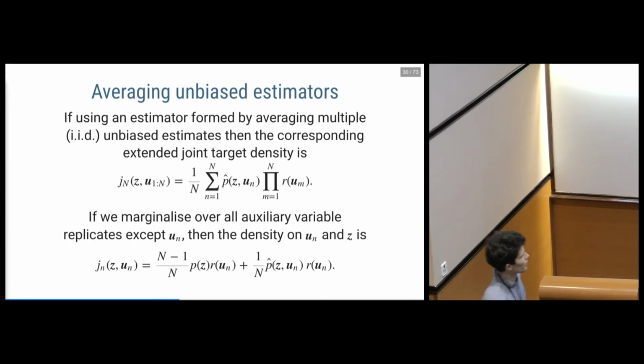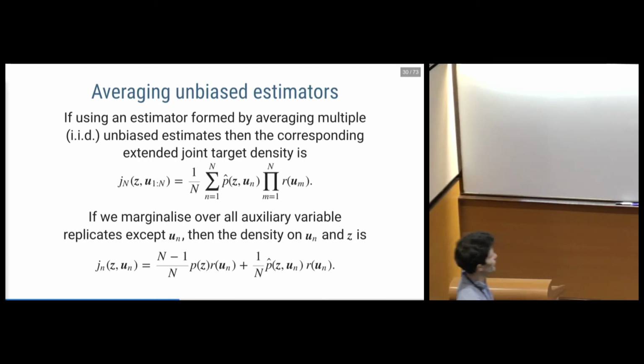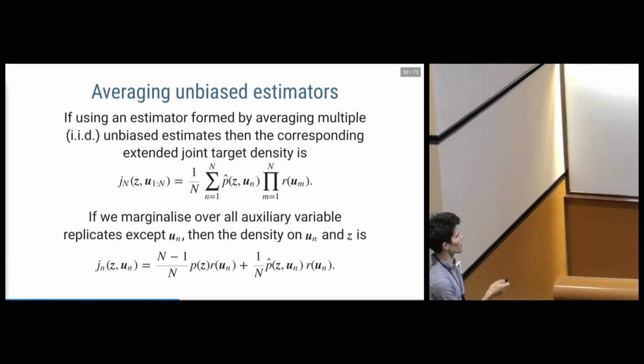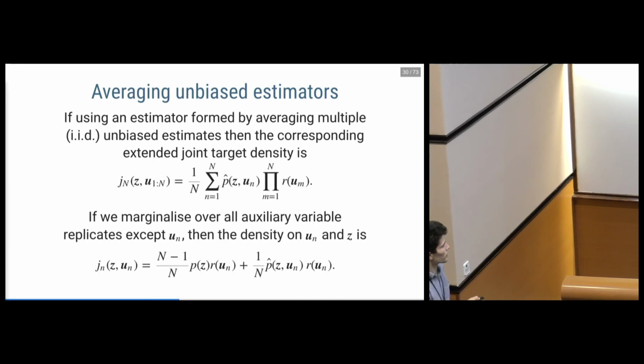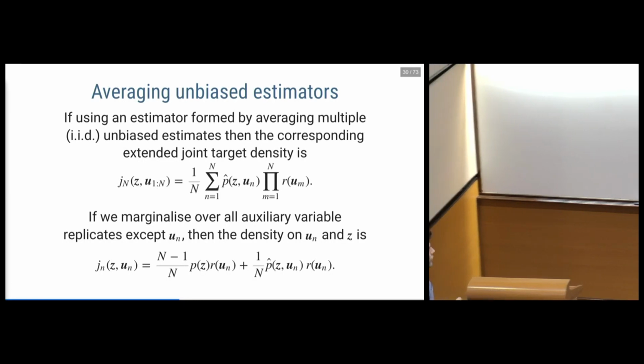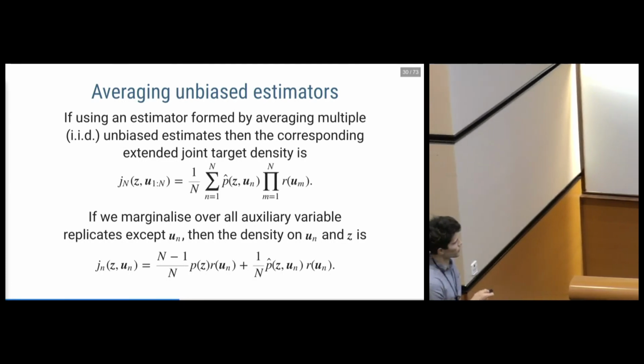And so why is this interesting? Well, it provides an intuition behind the idea that this is a lower variance estimator, and the link to decreasing dependence between the variables. As n becomes large, only this term will tend to dominate in this density, so this term will become increasingly less significant. And under this term, the z's and u's are independent, so there is no interaction between them.